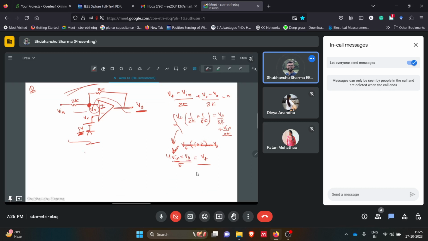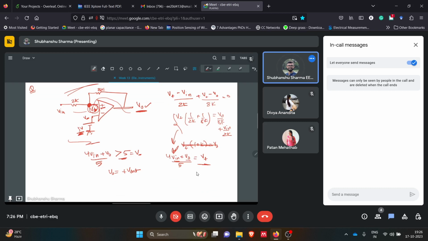Now, in order to get the limits, we check if V plus is greater than 5 volts. What is the comparison voltage for this V plus? Basically the Schmitt trigger is acting like a comparator now. If V plus is greater than V minus, and V minus is 5 volts, then V naught will be plus V saturation.